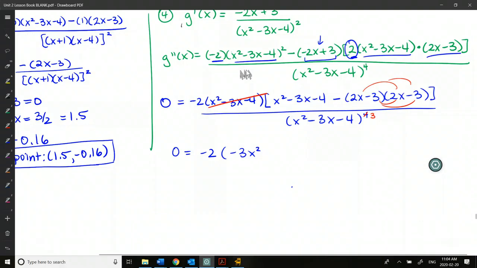We will get a negative 3x plus 12x. I think that's right. Correct me if I'm wrong. Gives us positive 9x. And then we're going to get a negative 9 and a negative 4. That will give us negative 13.